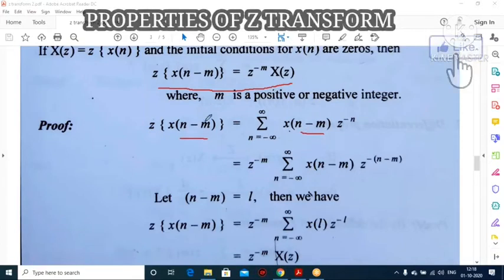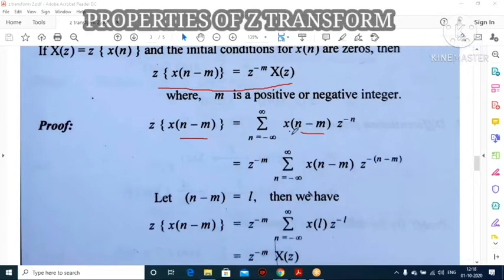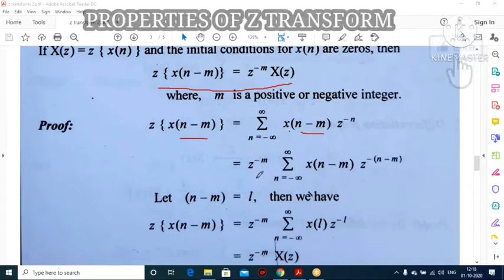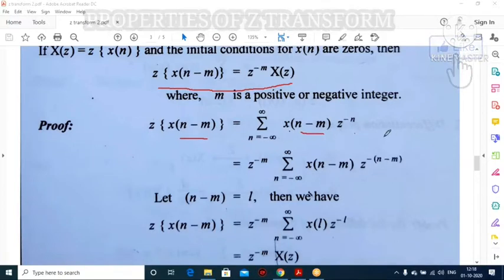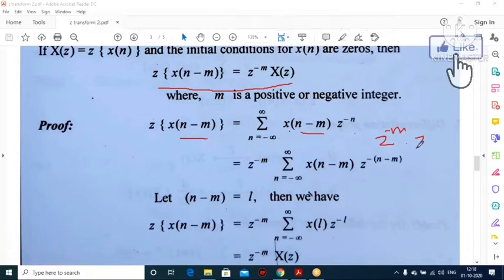Now, second step: I introduce some new terms here. Summation n equal to minus infinity to infinity of x of n minus m, z power minus n, and I multiply with z power minus m and z power plus m.